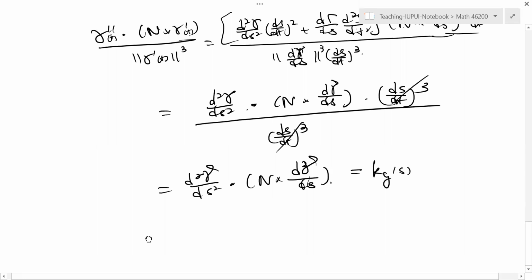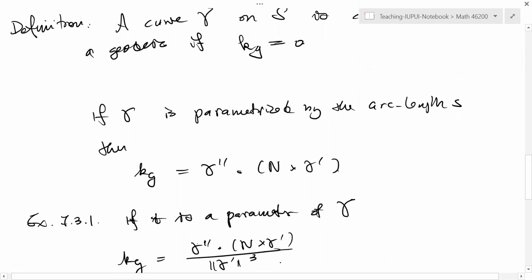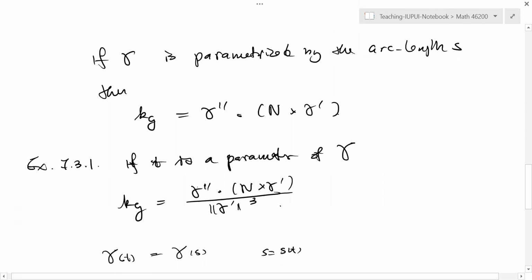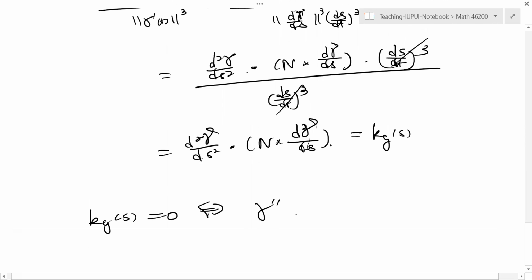So from the above formula, what you can conclude is that the geodesic curvature must be 0 if and only if the dot product of gamma double prime of t with n is 0.